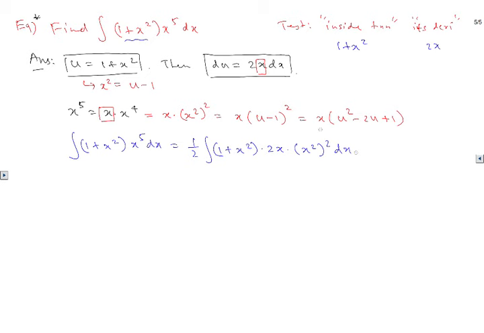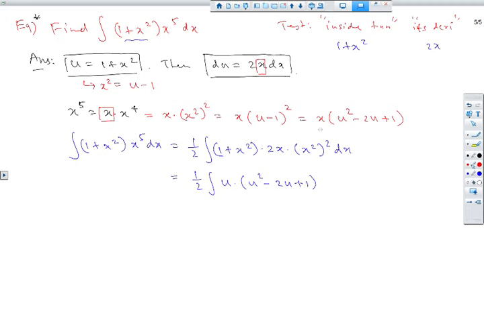So let's do all the substitution now. It is 1/2. 1 plus x squared is u, so this is u, and then x squared is simply u squared minus 2u plus 1, and then you're going to combine these two.